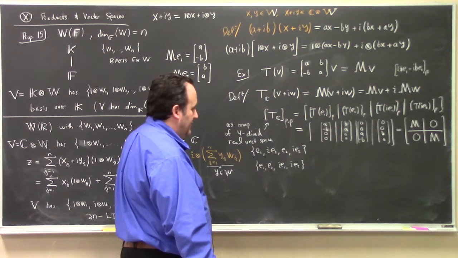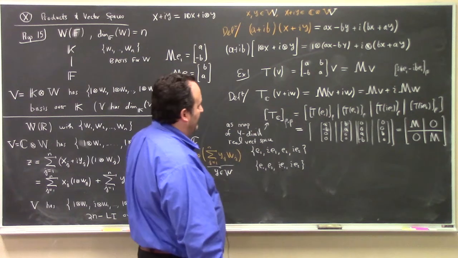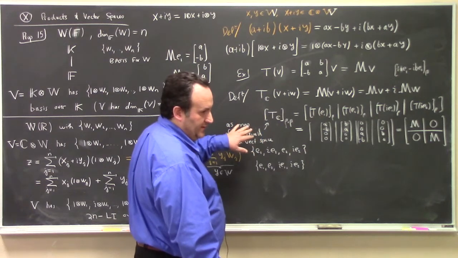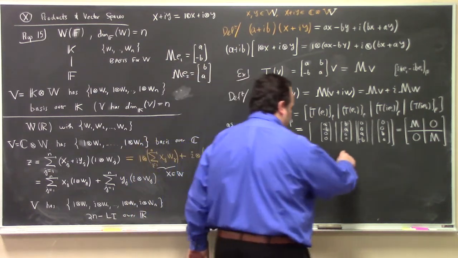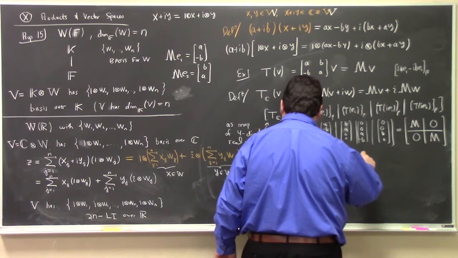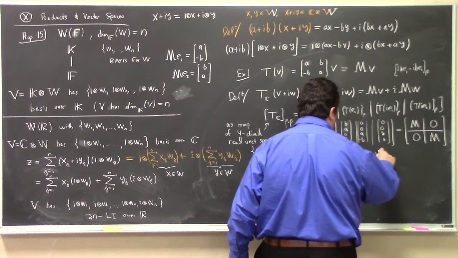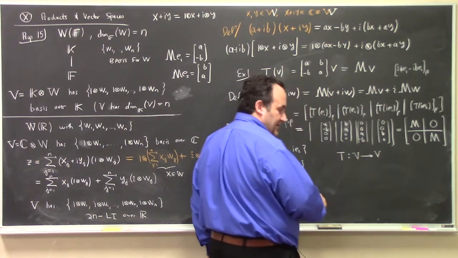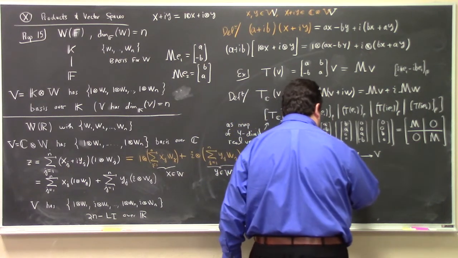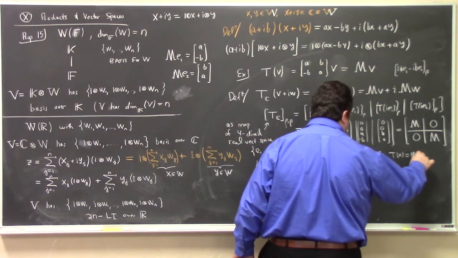Like if you have a linear transformation, right? If you have T going from, for lack of, let me not be confusing, let me go from B to V, right? And then suppose you have T of x is equal to Mx, right?